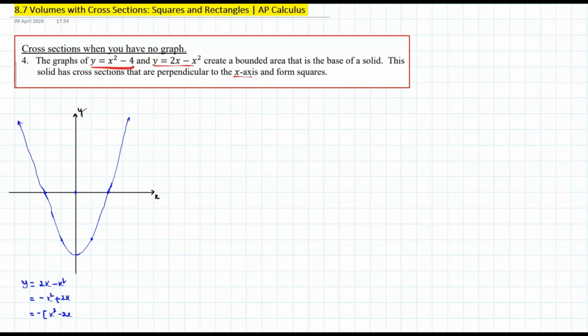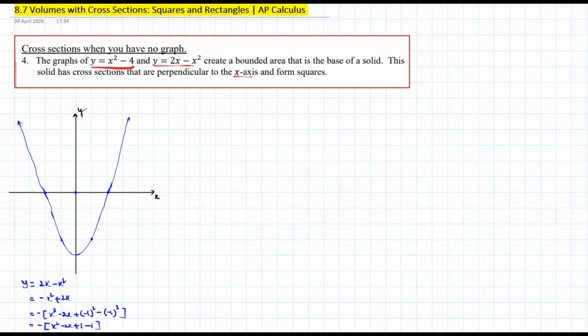We add half of the coefficient of x, that is negative 1, squared: add and subtract negative 1 squared, so negative of x squared minus 2x plus 1 minus 1.